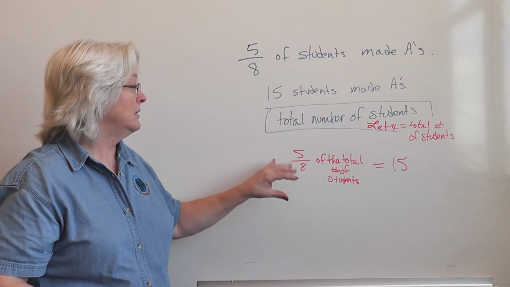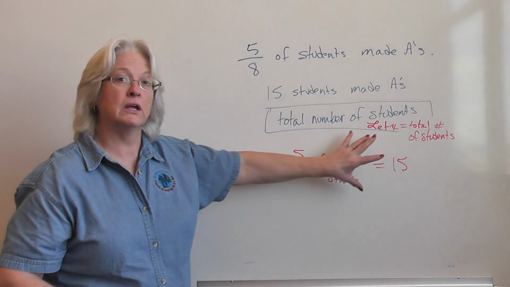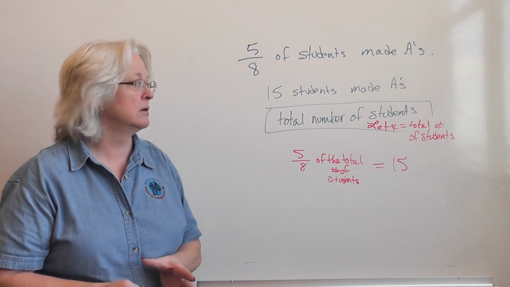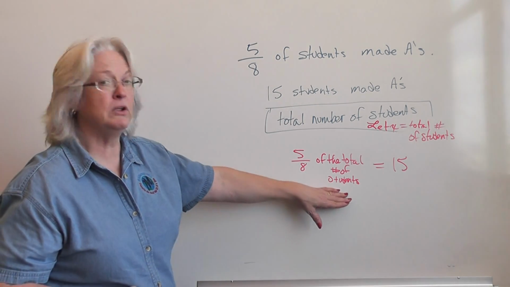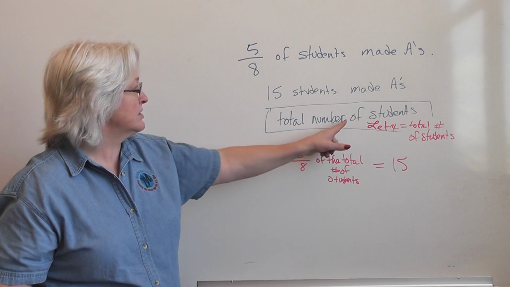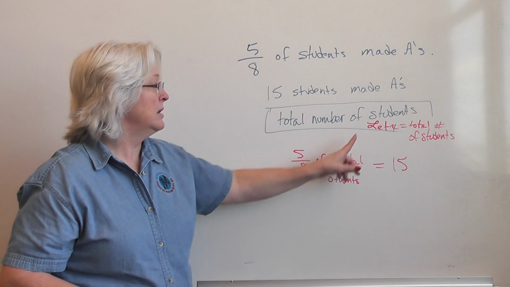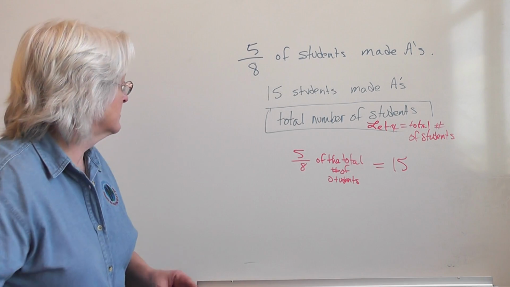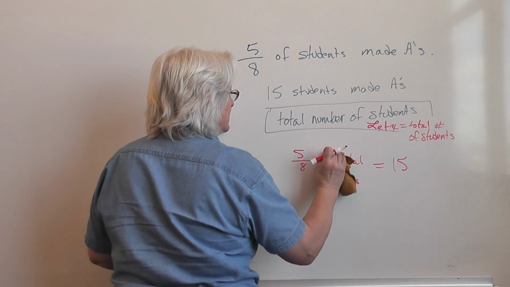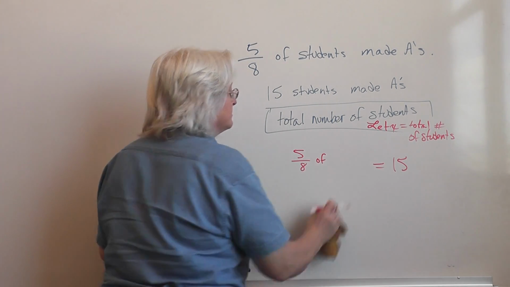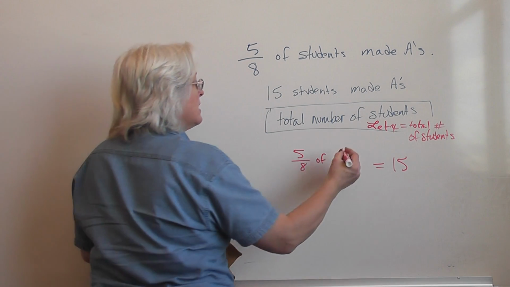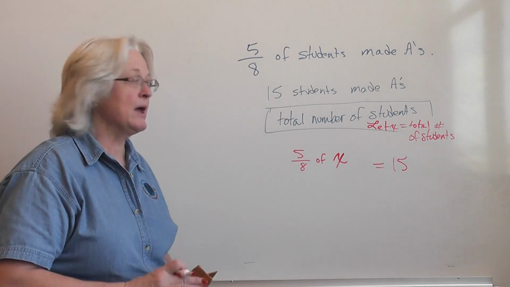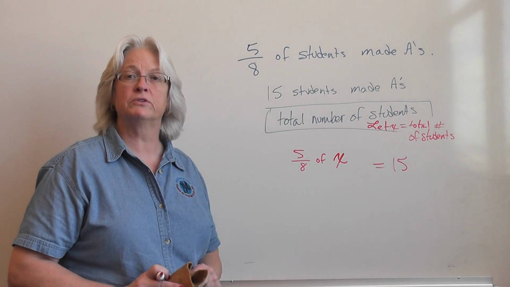So now we have an equation where we have one thing equal to another thing. And now we can write an equation where we're using variables. What's the total number of our students? The total number of our students we said we're going to represent by x. So 5/8 of the total number of students, or 5/8 of x, is equal to 15.